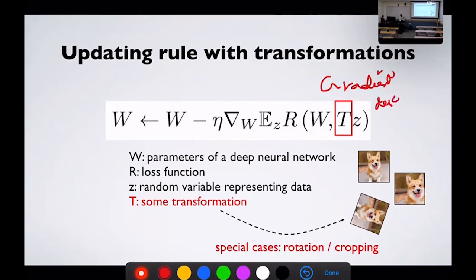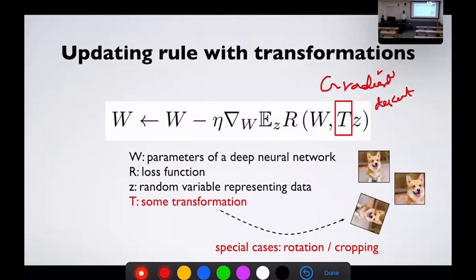I changed the notation a little bit because this one is a published paper, our ICCB paper, and Xiang has some slides and a video as well, so I'll go a little bit faster on this. Here, W is the parameters, and you have some loss.